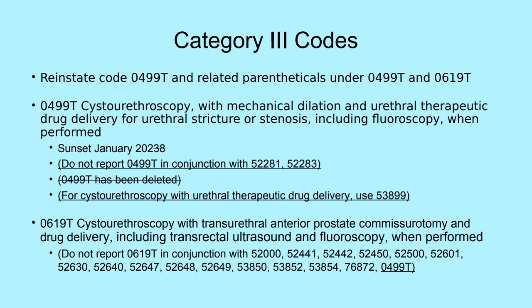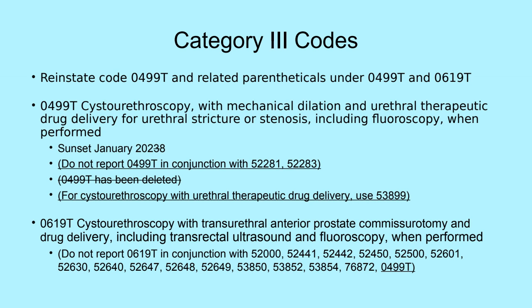Changes were also made to category 3 codes. Remember we talked about 0499T. That code is put back in category 3, and the parentheticals under 0499T and 0619T were changed. Also remember under the code in the urinary system, the reference to 0499T was put back. So 0499T is cystourethroplasty, mechanical dilation, and urethral therapeutic drug delivery for urethral stricture or stenosis, including fluoroscopy when performed.